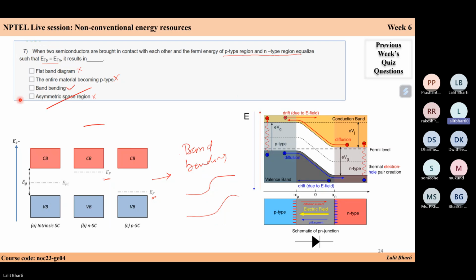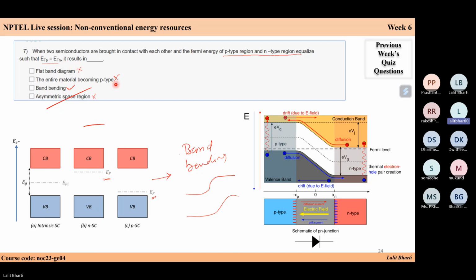Then we are again at band bending. So what is in this question? It says when two semiconductors are brought in contact with each other and the Fermi energy of the P and N regions equalize such that EFP is equal to EFN. EFP means your P type Fermi energy level and EFN is the N type Fermi energy level.